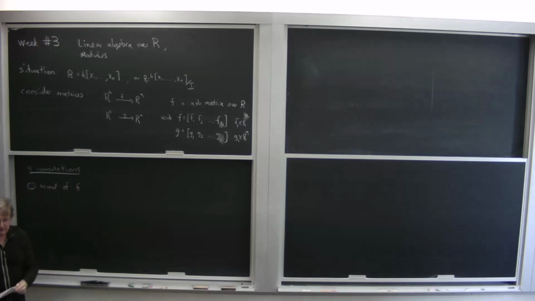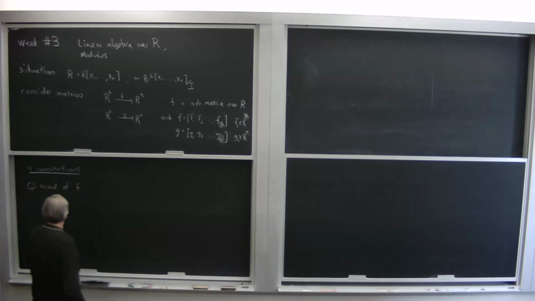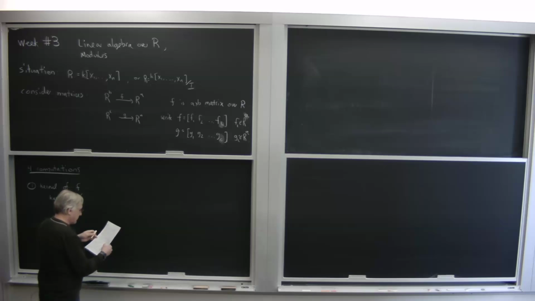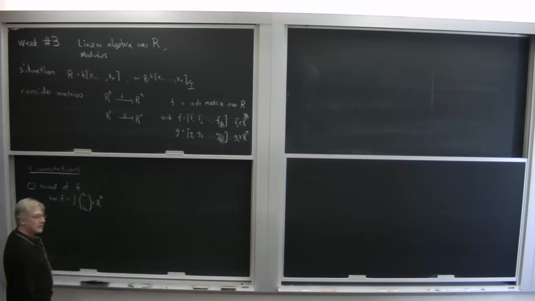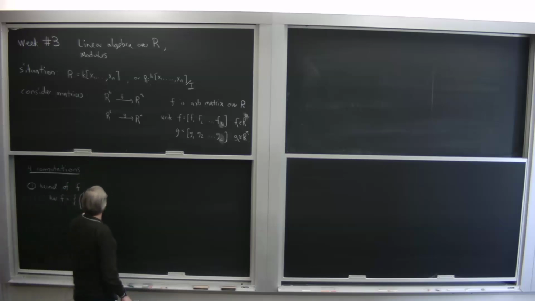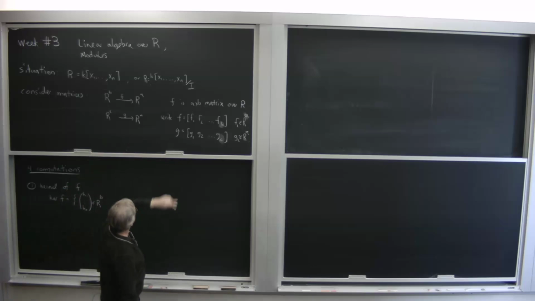In fact, we already talked about this. The kernel of F is equal to the set of, how do I want to say this, (H1, ..., HB) in R^B, I hope I'm getting my indices correct here, such that this times the matrix F is 0.